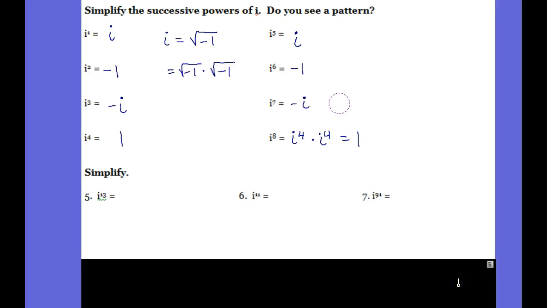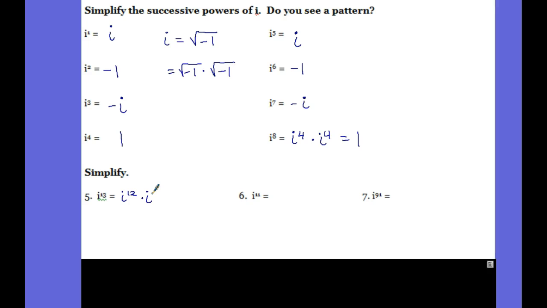i to the 13. What is a power of 4 near 13 but less than it? 12. How many away from 12 is 13? So think of this kind of like i to the 12 times i. Any multiple of 4 is the same as i to the 4. i to the 4 is what?